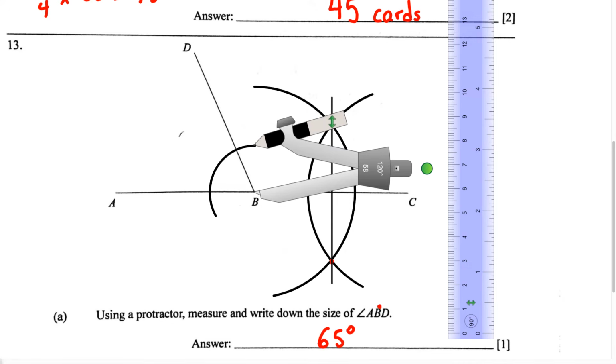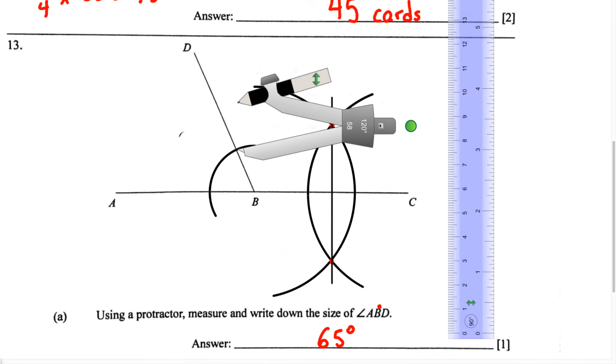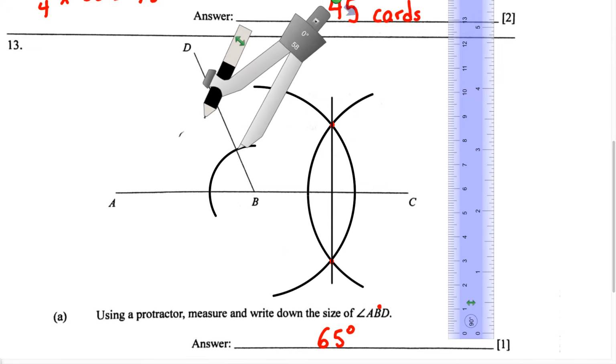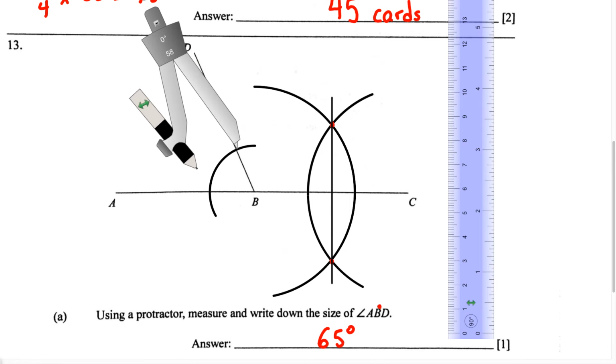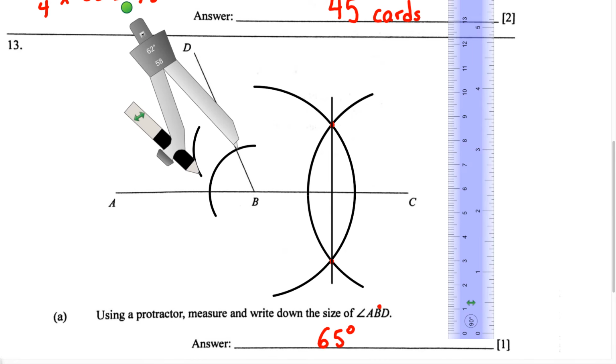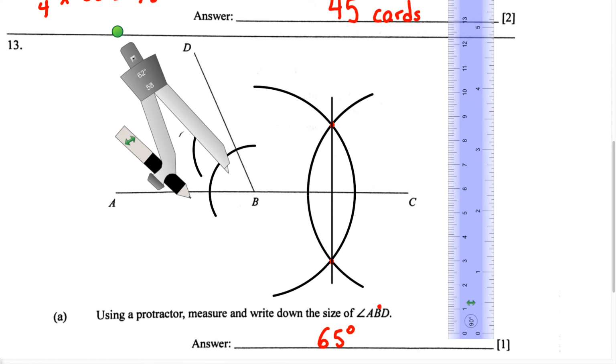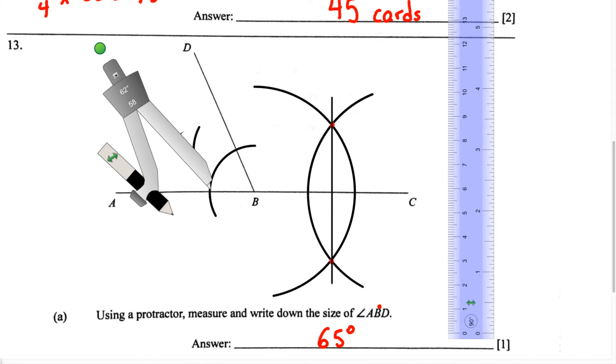Now, keeping the same radius, we're going to move the compass point to where the arc intersects the line BD. Now draw another arc. Now we're going to move the compass point, keeping the same radius once again, and put it where the arc intersects line AB.